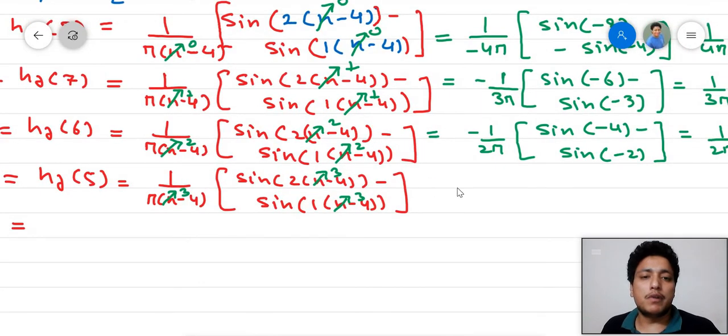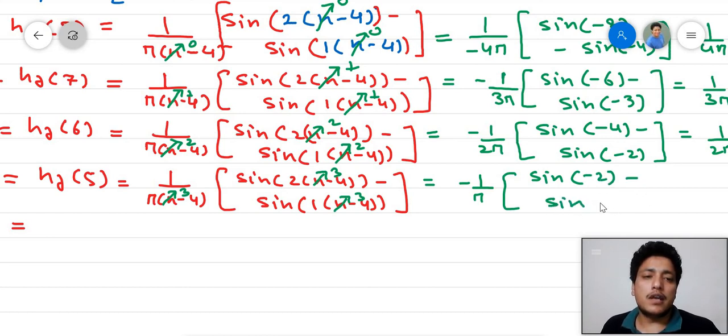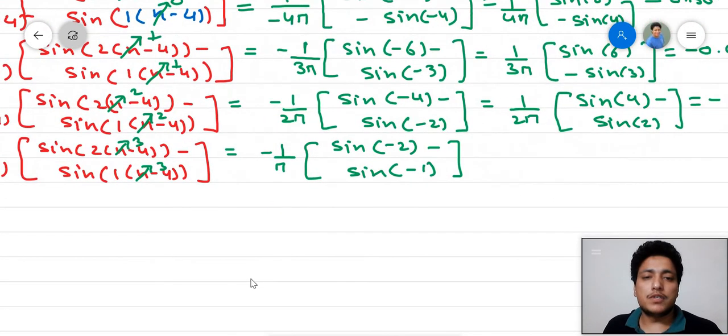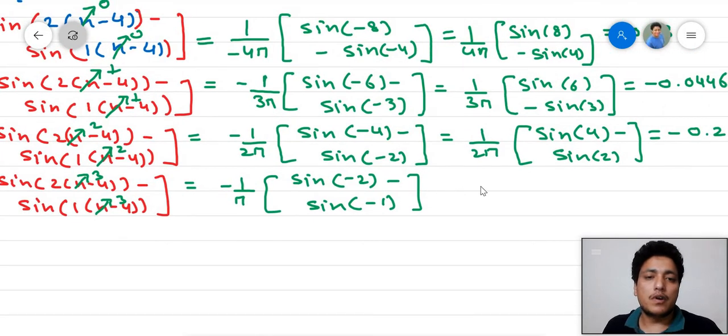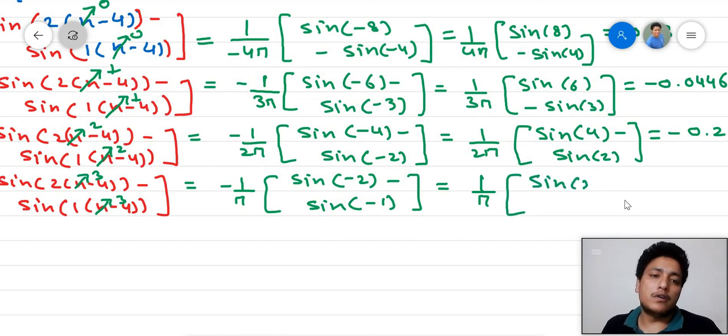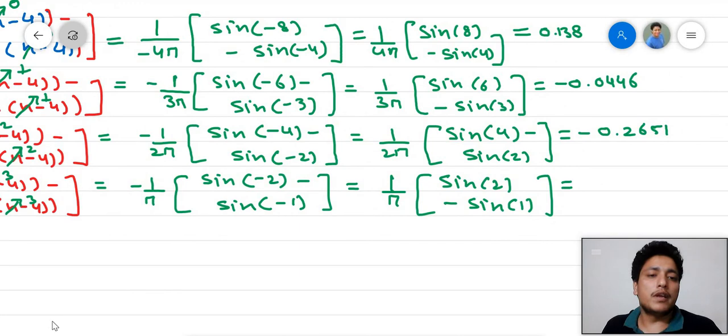Then the equation will be equal to minus 1 by pi sine minus 2 minus sine minus 1, which is equal to 1 by pi, sine 2 minus sine 1. Solving this will give 0.02158.